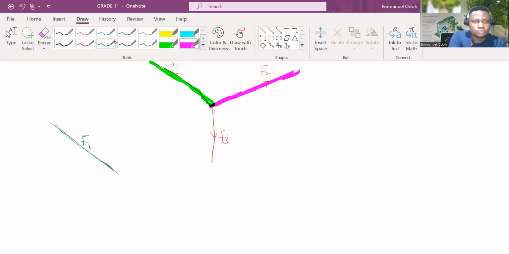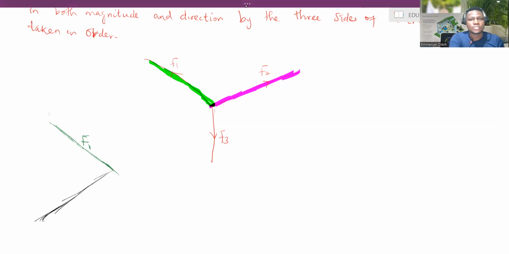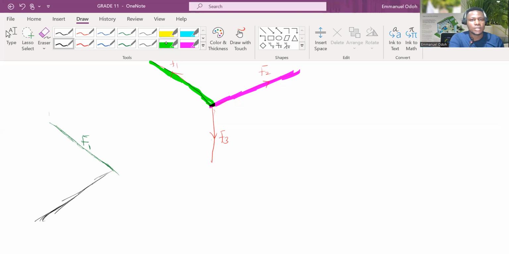For F2, let me use a black line. I'm also going to draw a line that is parallel to it. I will draw it in such a way that the three of them will form a triangle. So for me to have a triangle, I draw this line parallel to that, from where this one stops. Is it parallel?